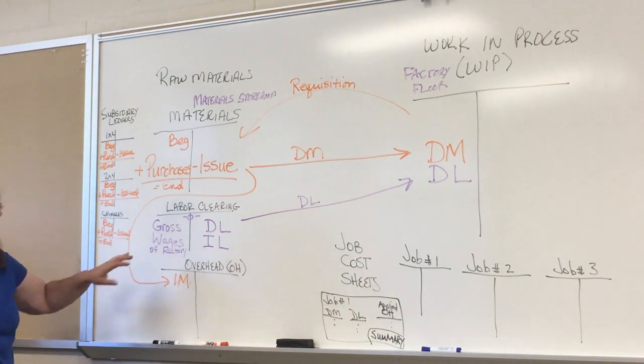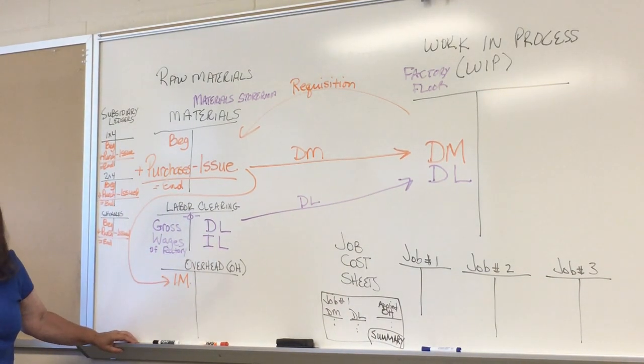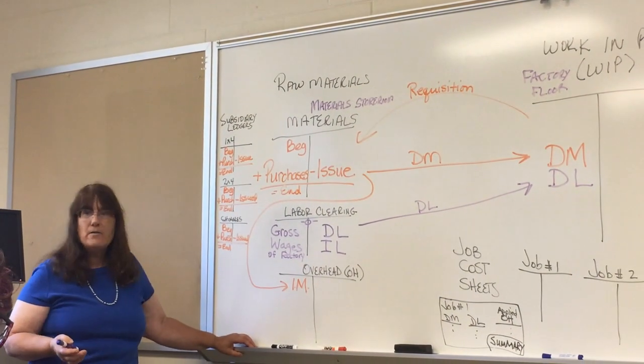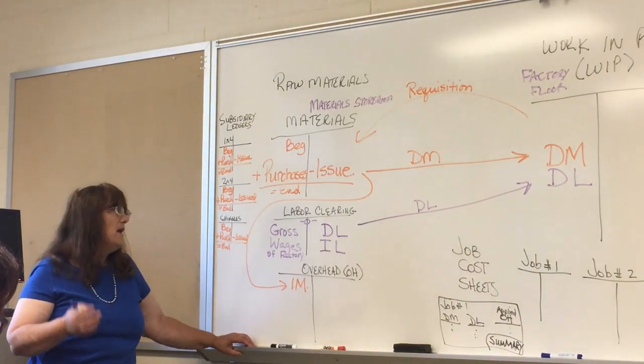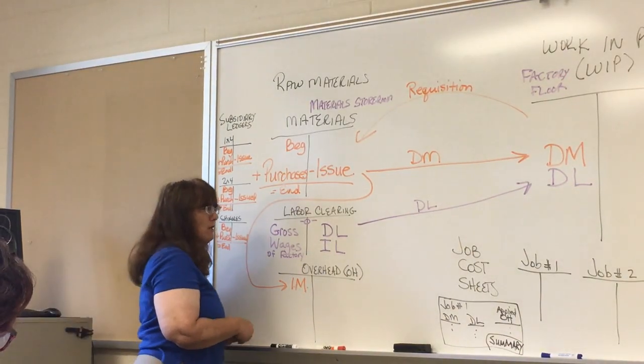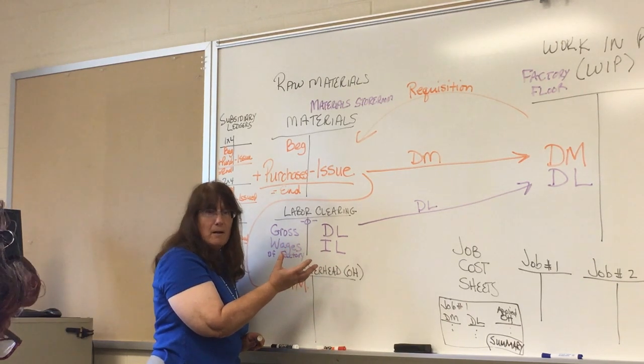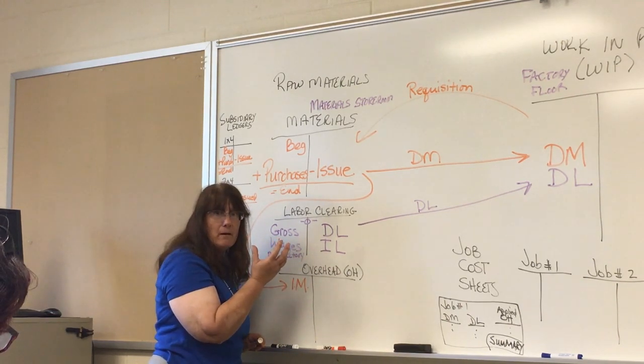And the indirect labor, which is all the gross wages of anybody who's not directly working on building a job. So the foreman, who's like a supervisor, the maintenance people, the equipment maintenance people, all of those people, okay? Their wages are called indirect labor. We need those people. It's not like they're unimportant, okay?